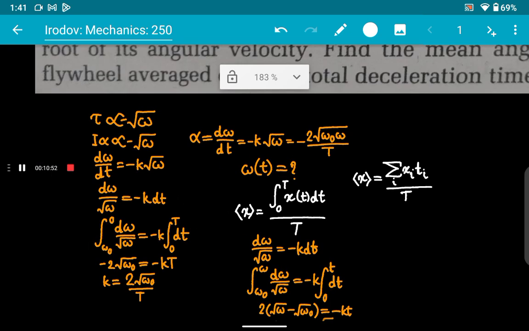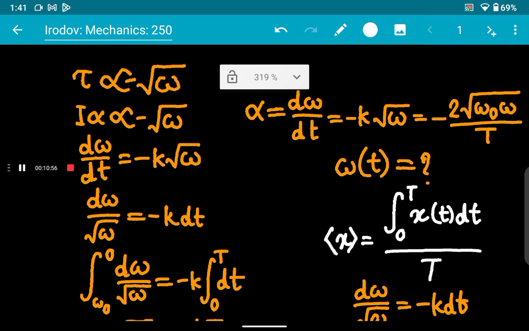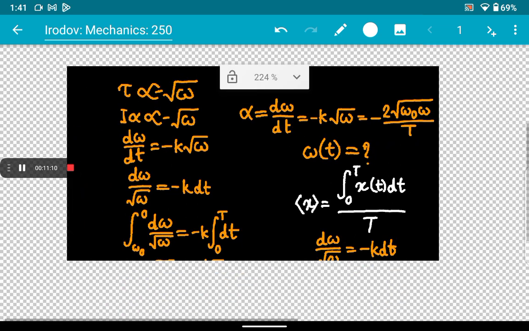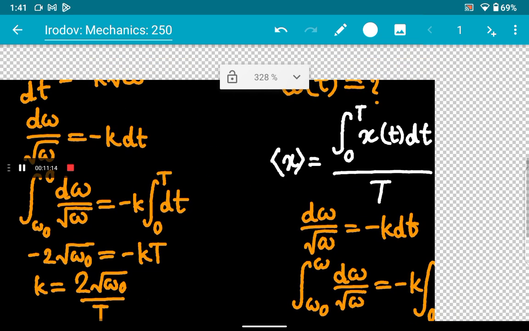So let me summarize the problem for you a little bit. So this was given to us. From this we wrote torque as I alpha, and then in the place of alpha we wrote d omega by dt, and we just integrated and found out the value of the proportionality constant k.